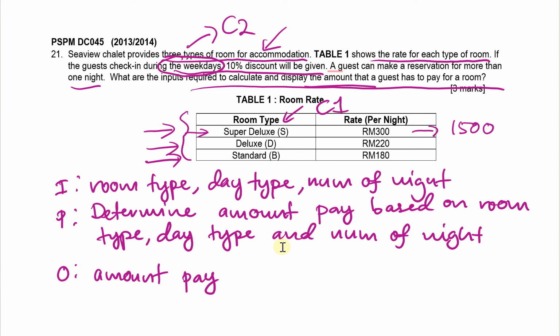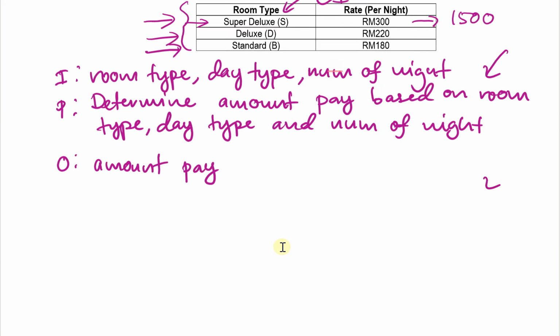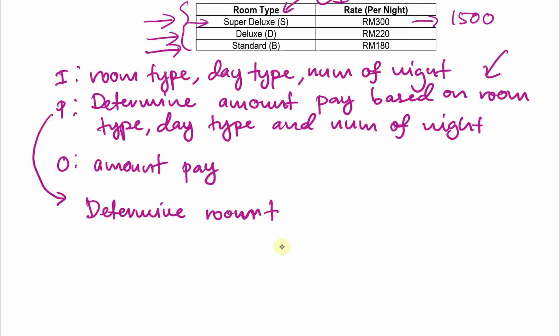Okay, let's say you don't want to write in this way, so you can also write the process in this way. Okay, another option. Actually, in process for selection, you have so many ways to write the process. Let's say you want to determine first. So determine room type first. Okay, then calculate what?